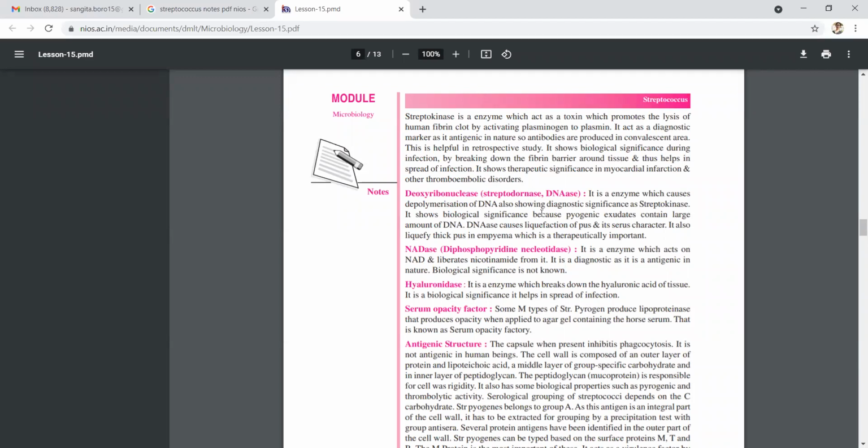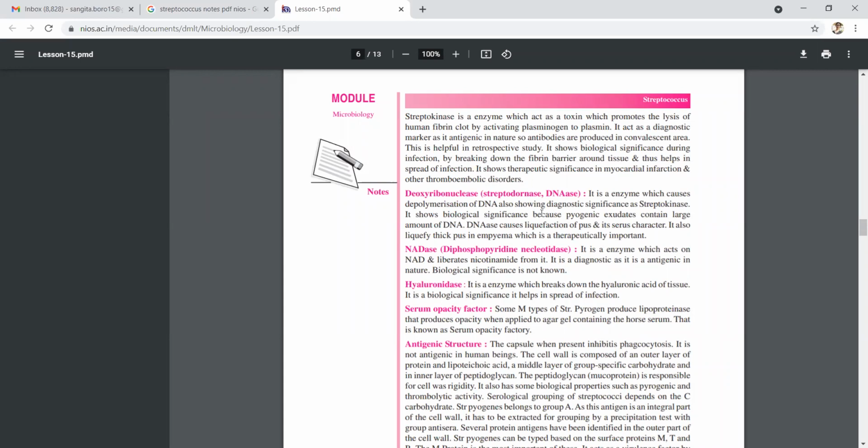This is because of the production of fibrin, which helps in the clotting of the blood. But then this enzyme called streptokinase, which may be released by this Streptococcus, acts as a toxin, and it promotes the lysis of that human fibrin clot, because it activates plasminogen to plasmin. And this acts as a diagnostic marker, as it is antigenic in nature.